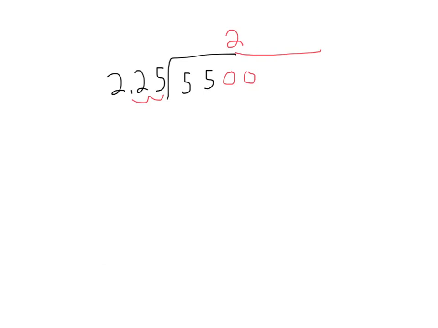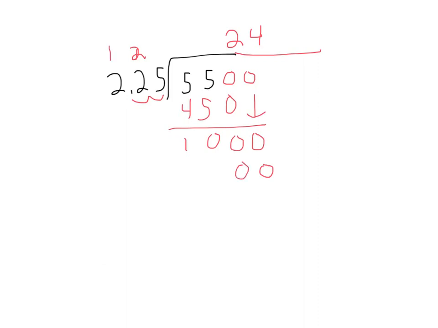Right here I'm going to get 5 times 2, 10, carry the 1, 4, 5, 4. Looks like I'm left with 100 here, and drop the 0. 225 goes into 1,000 4 times, I bet. 4 times 5, 20, carry the 2. 4 times 2 is 8, plus 2 is 10. 4 times 2 is 8, plus 1 is 9.